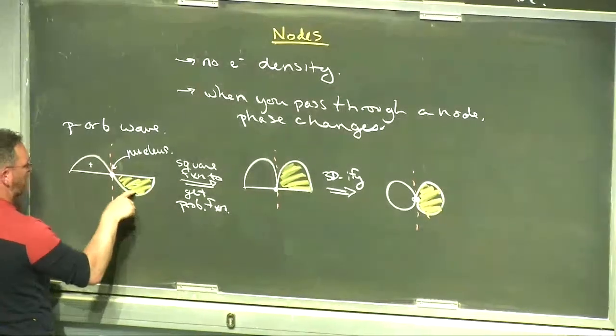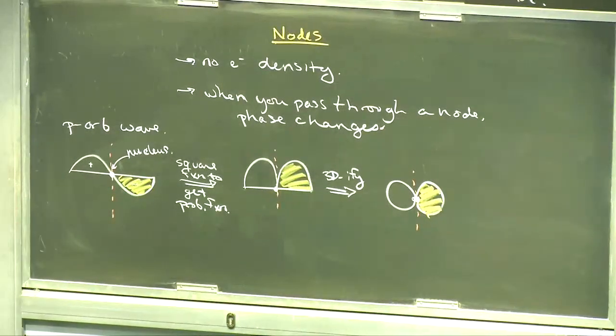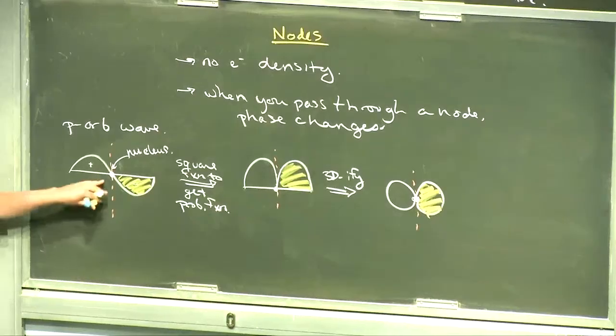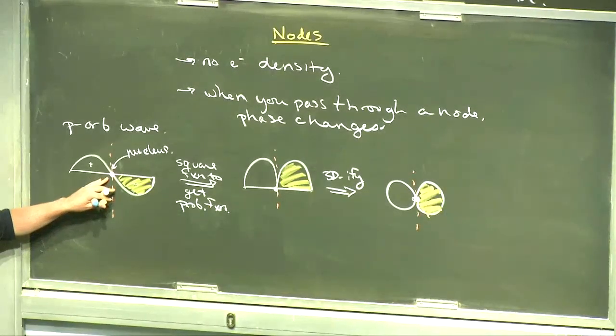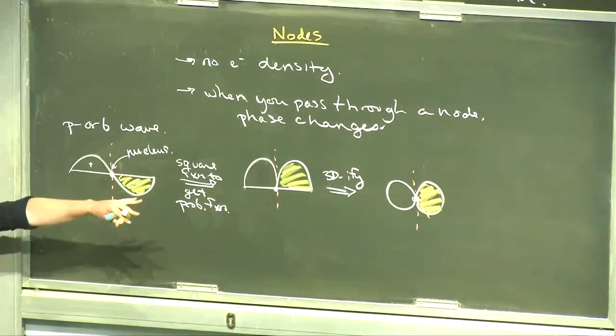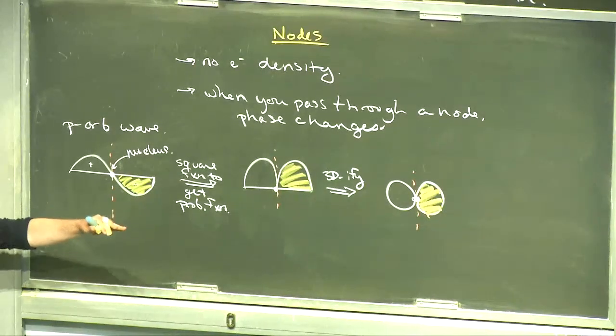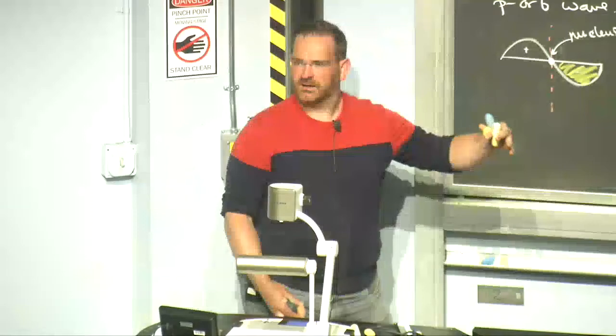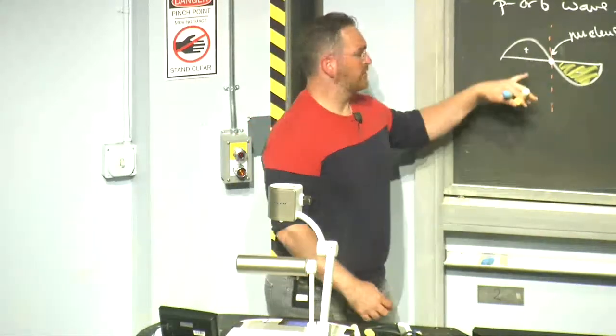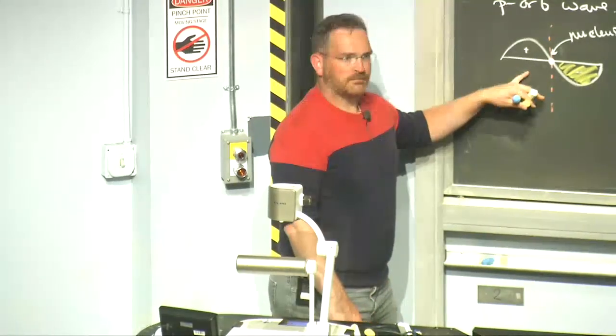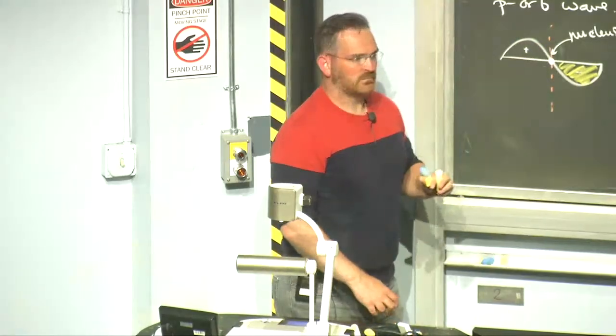You pass through a node, you get a different phase. Every time you go through a node, your phase changes. And that comes from the node in a wave. Looking at it as a p orbital, you're like, but what node are we talking about? Why is there a plus or a minus? It comes from this original wave. That's why we get the shading that we do.